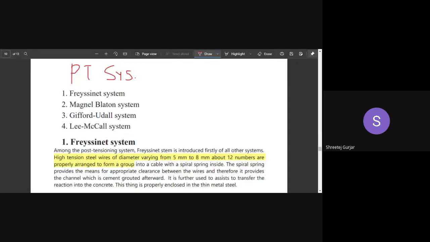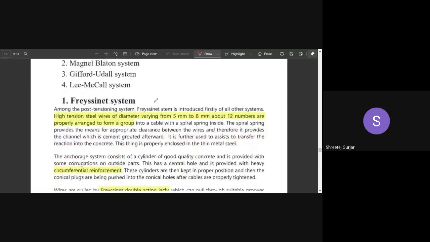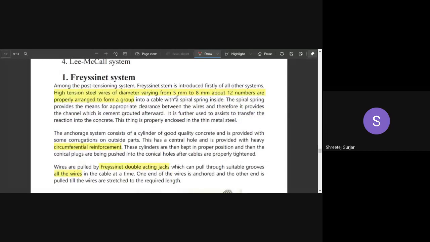Okay, so coming to your first type of post tensioning system, that is your Freycinet system, and this is an important one. Among post-tensioning systems, the Freycinet system was introduced first of all the other systems. Freycinet is known as the father of PSC also.